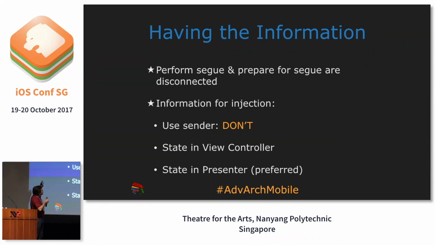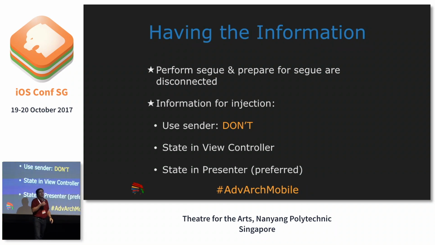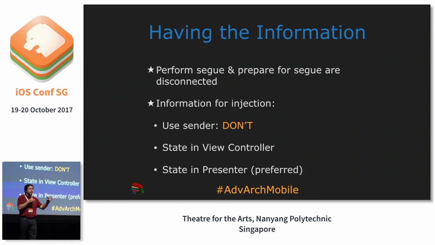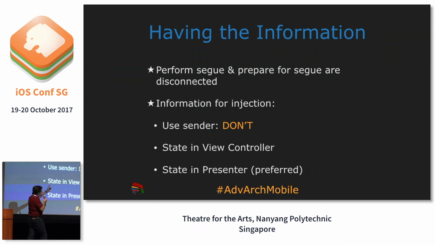So we could do three things. We could use the parameter that is used as the sender. My recommendation is that you don't do that because the purpose of that parameter is something completely different. It is meant in order to decide whether you have been invoked by one or other control and then do different things. So please don't use that one.